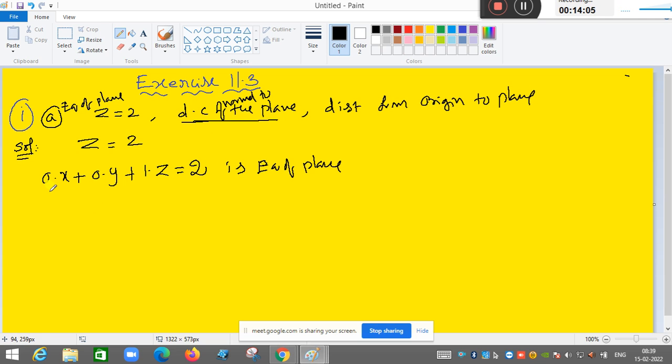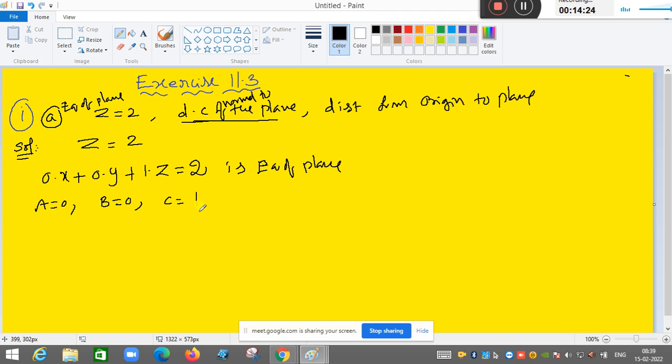See here, ax plus by plus cz equal to some constant. Therefore here a equal to 0, b equal to 0, c equal to 1.